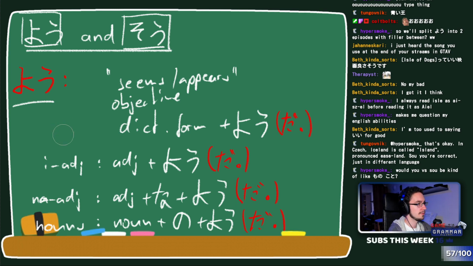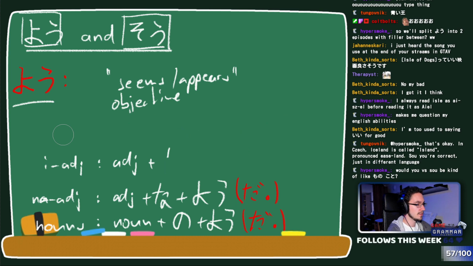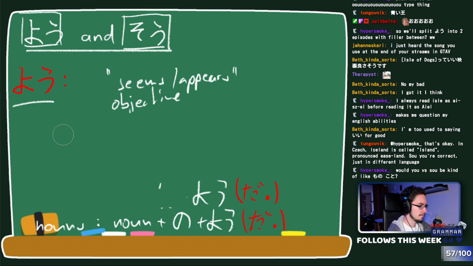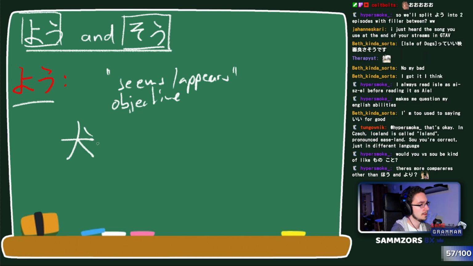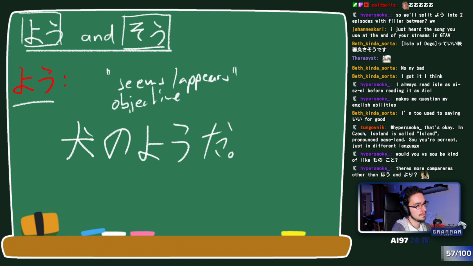This is the formation, right? You don't really have to change much in any of these. Just with na-adjectives add na, and with nouns add no. That's basically it. If we have something like inu no yoda, so that's like, is like a dog.